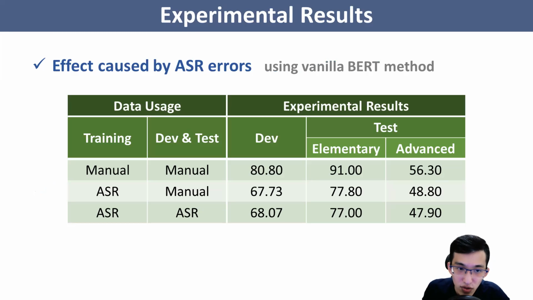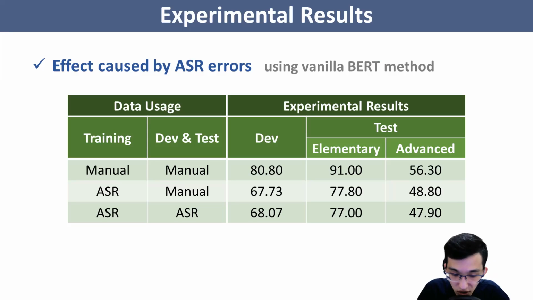Here is the first result. We are trying to find out how much effect ASR errors can cause in an SMCQA task. We use the vanilla BERT method here. On the left-hand side of this table, we see the data usage: training, development, and test. It is separated into manual and ASR, which means the manual transcription and the ASR transcription. We fine-tune BERT with the manual transcription and the auto-transcribed text respectively.